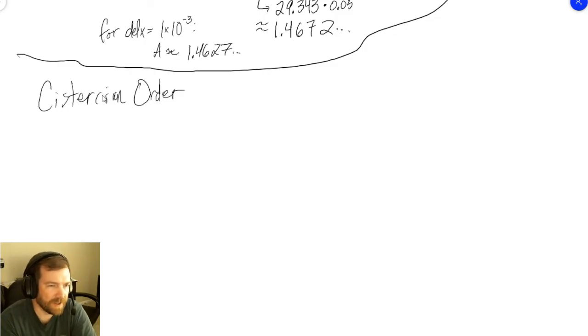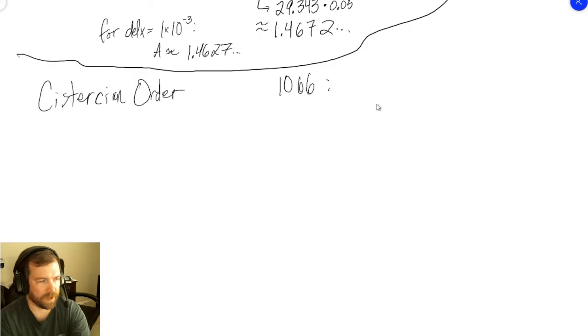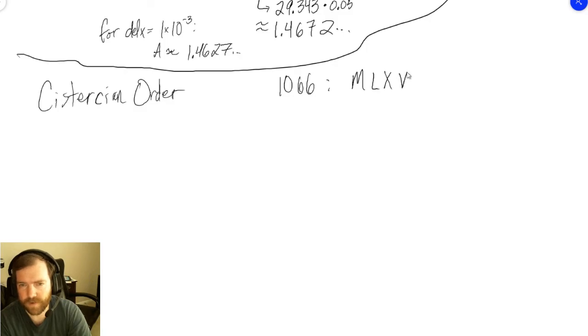And so they were like, well, if we wanted to write the number 1066, which, Battle of Hastings and all that, English history, this is M, 50, 60, 65, 66. So MLXVI ends up being 1066.